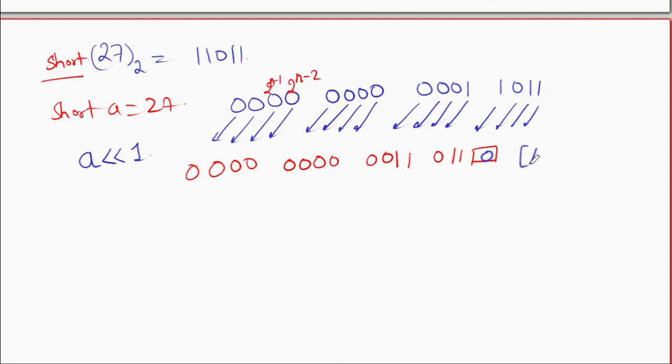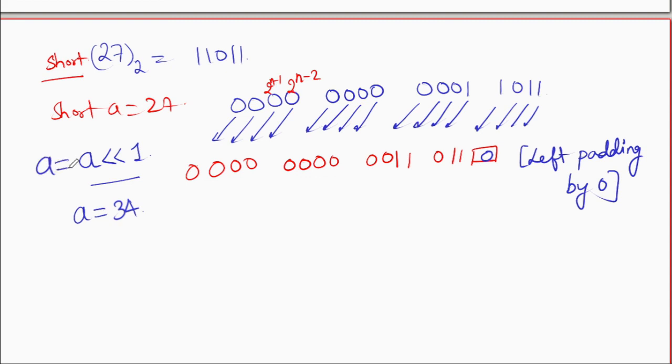This is left padding by 0. So A will have the value of 54, because A is left shifted by 1.